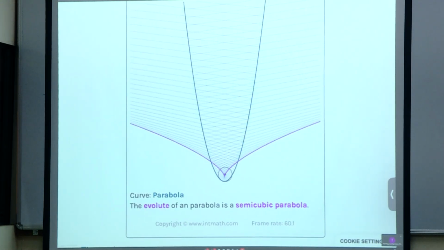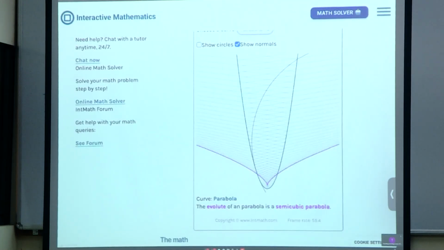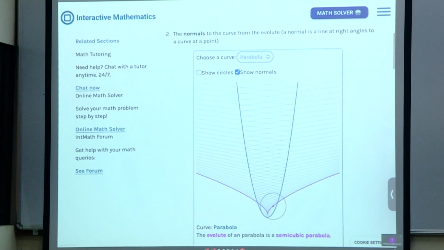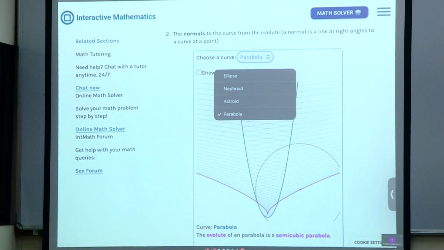But all this is all right, but I have a question for you. This still doesn't explain how that curve showed up. In this case, the evolute of the parabola is a semi-cubical parabola, and you're just looking at the evolute.